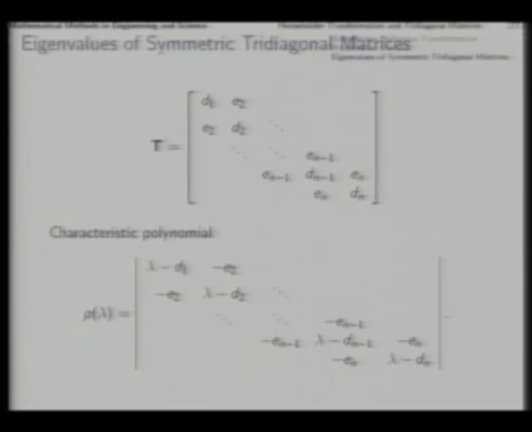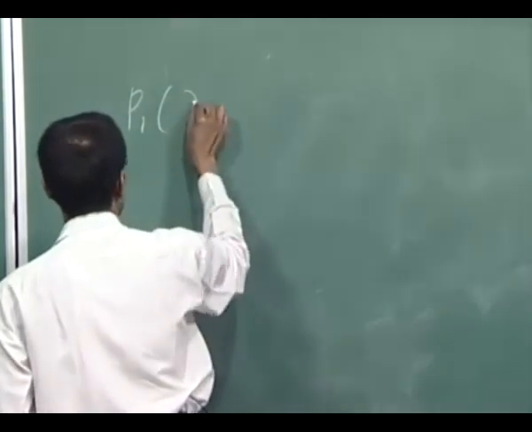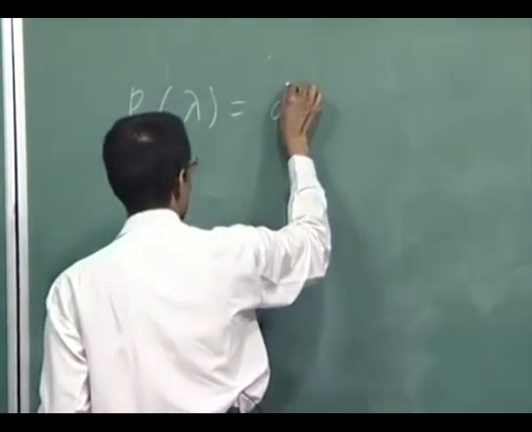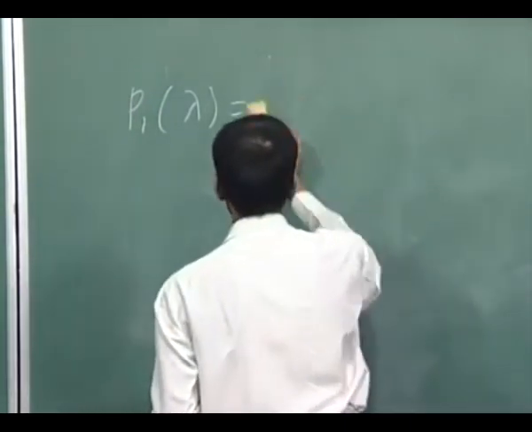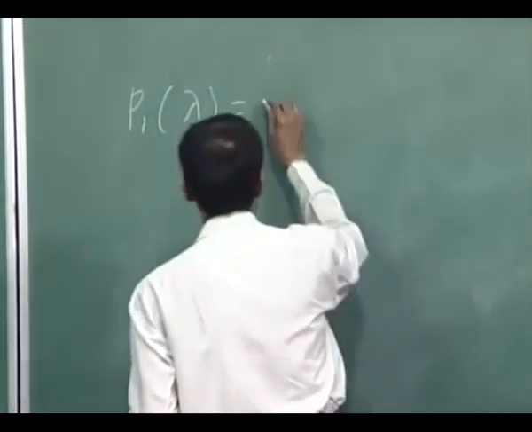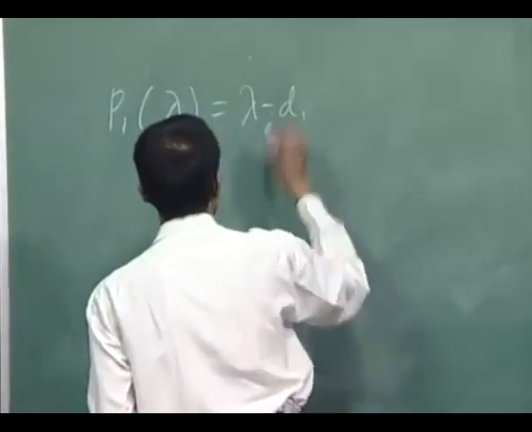So, we call it p1 of lambda, that is the characteristic polynomial of the leading 1 by 1 submatrix from T. So, we call it P1, that is simply lambda minus D1. Right.